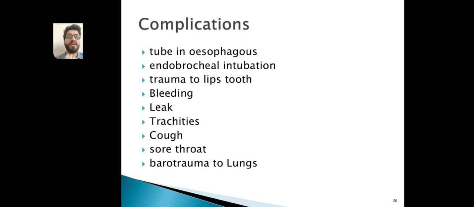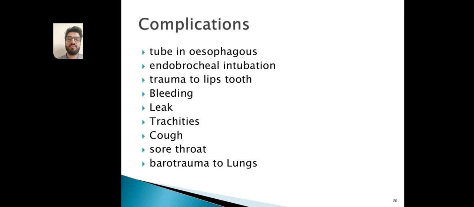Also there can be cough, when the patient has the tube inside. The patient can have irritation because of the receptors and can sometimes cough, which is a possible complication. There can be sore throat. This mostly happens post extubation, once the tube has been taken out, and the patient feels a sore throat.